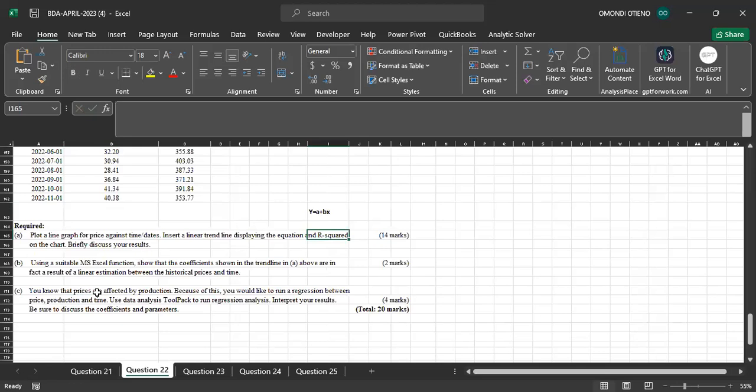Then you know that prices are affected by production. Because of this, you'd like to run a regression between price, production, and time. So you are comparing three items, which means you have two independent variables.